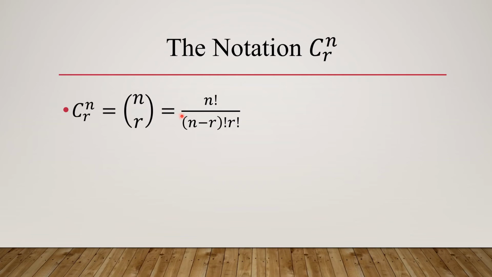So actually these two are equal, and what it means is this equation. In order to memorize it more easily, I would suggest that we use this way: the upper side is n factorial, and then over n minus r factorial and then r factorial.